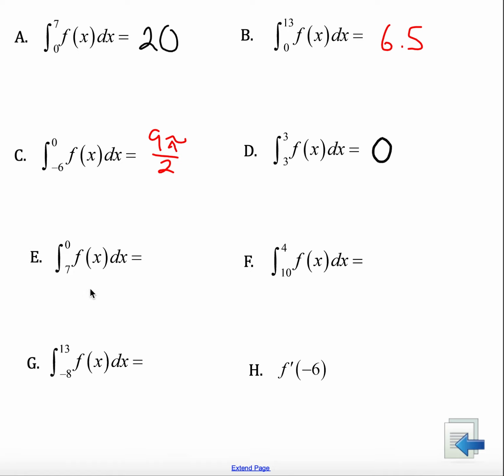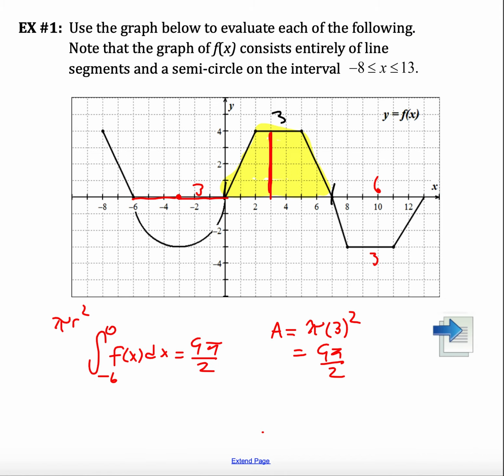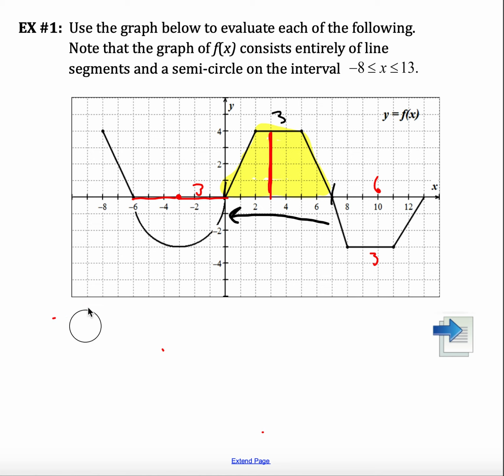Okay, for E, this one's interesting because you're going from 7 to 0. We talked about that. When you go from 7 to 0, you're actually going backwards, so we have to change that. Now we know from problem A that the area from 0 to 7 is 20. But if you go backwards, we said we just make it negative.